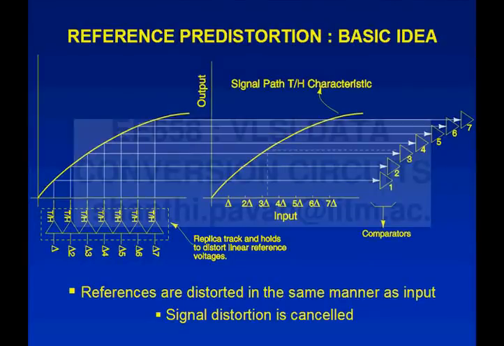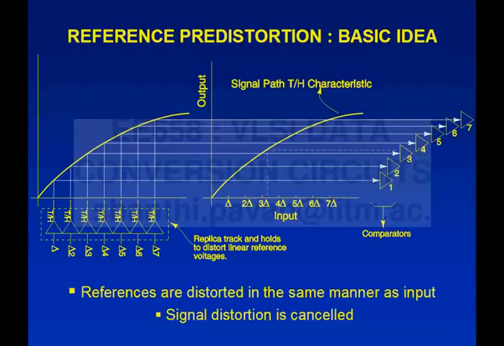See, the flash converter is basically comparing the input to references. So the input is screwed up. If you screw up the references in the same fashion, then everything will cancel out. And screwing up references is a very easy thing, in the sense that in principle the references are not processing any high speed signals.